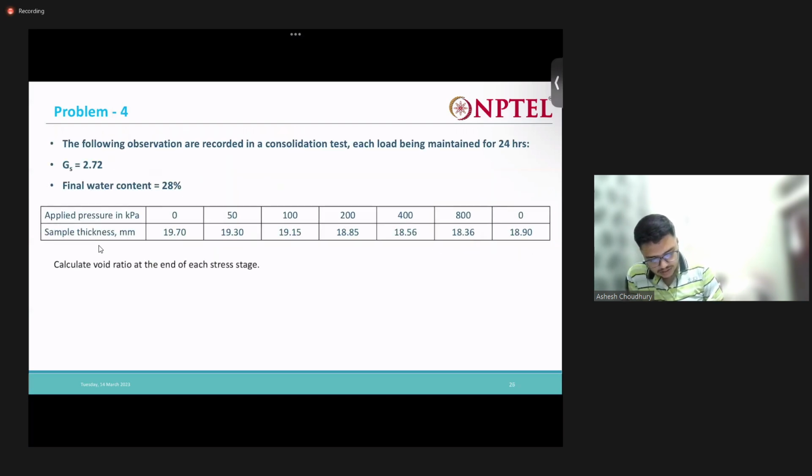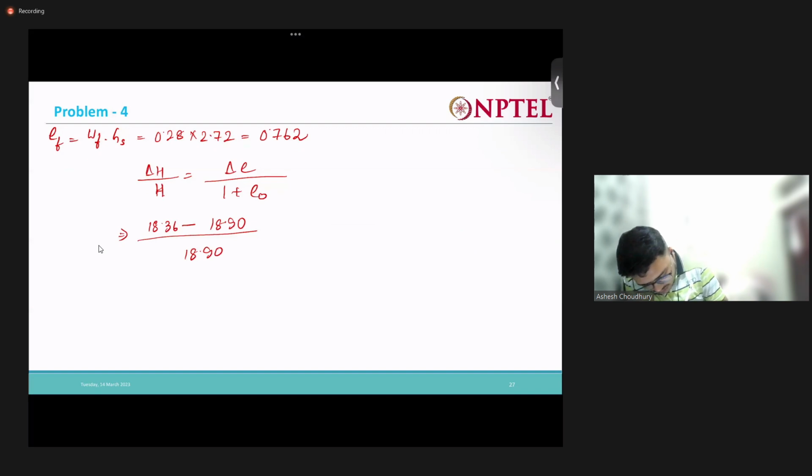Okay, you can write f also here, f also you can write. So nothing but delta e by 1 plus 0.762. Right? So delta H I know. Okay, final height I know. Now I'm making use of this to determine the delta e.